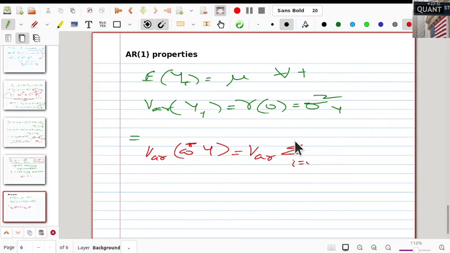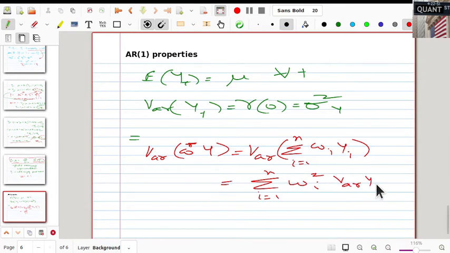Individually it can be represented like this: the sum of omega i times yi, which is the sum from i equals 1 to n of omega i square times variance of yi, and if we know the variance of yi, we can easily find or represent the overall variance in terms of variance of yi.